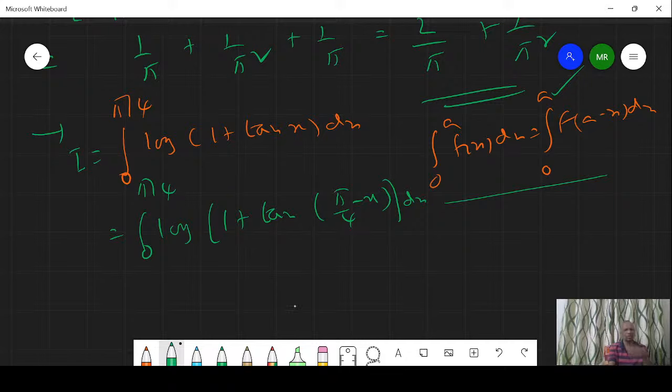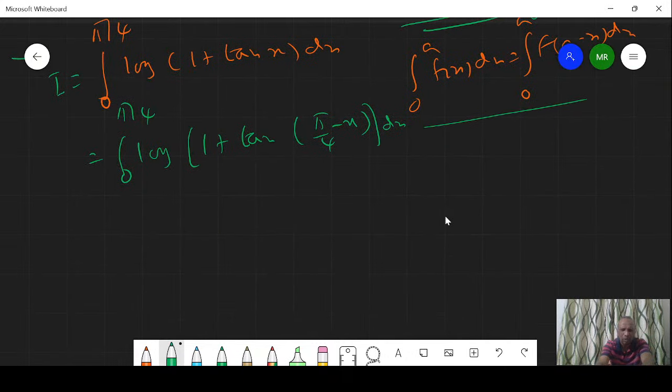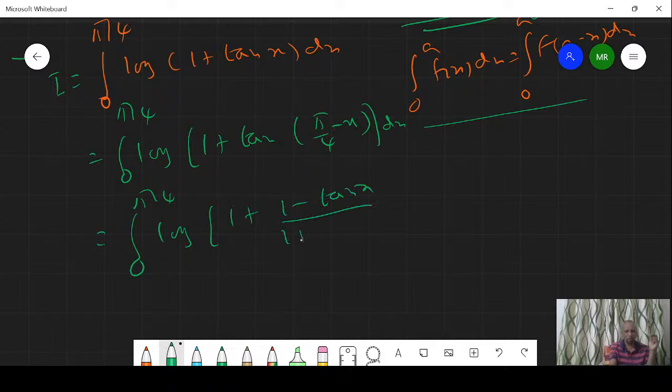You apply the tan(a − b) formula. Simple problem but important model. I can write the integral from 0 to π/4 of log of 1 + (1 − tan x)/(1 + tan x).